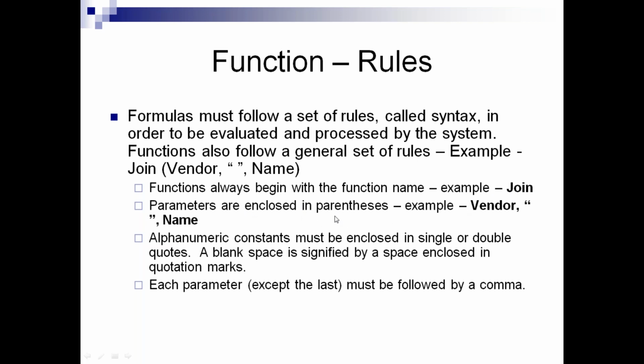The parameters are in parentheses, and I've got quotes. So you need to draw a parenthesis in front of vendor and then after name. When you start the function, you give it the function name, and then you start with an opening parenthesis, and then you build your function, and then you close it with a parenthesis.